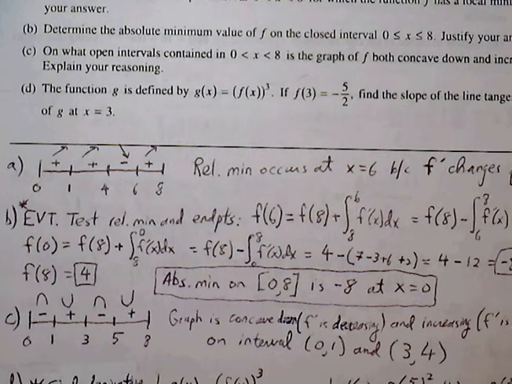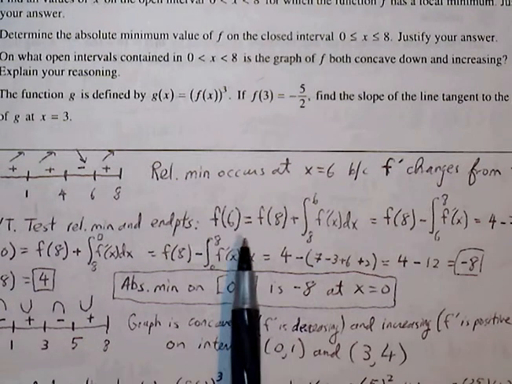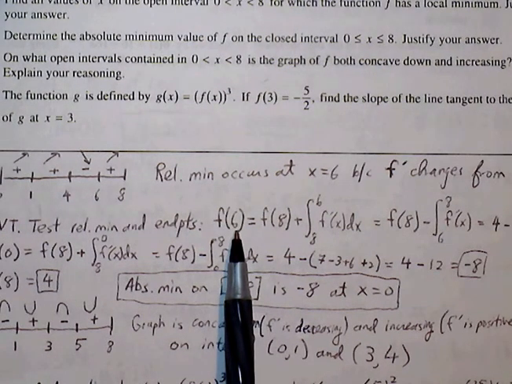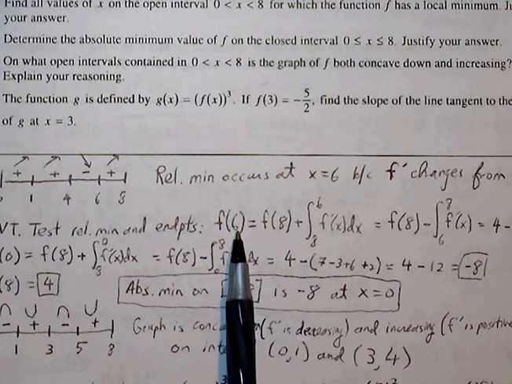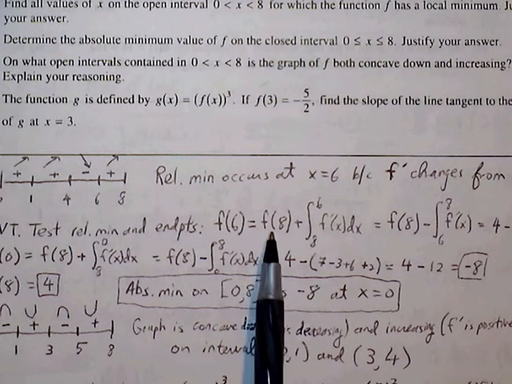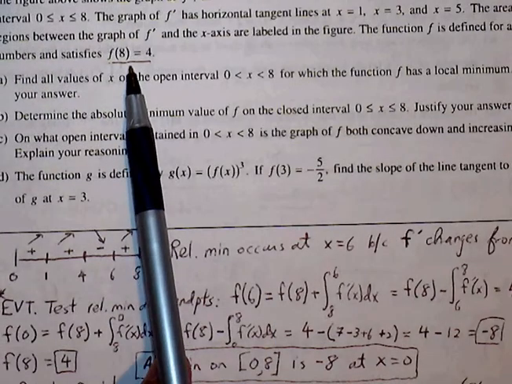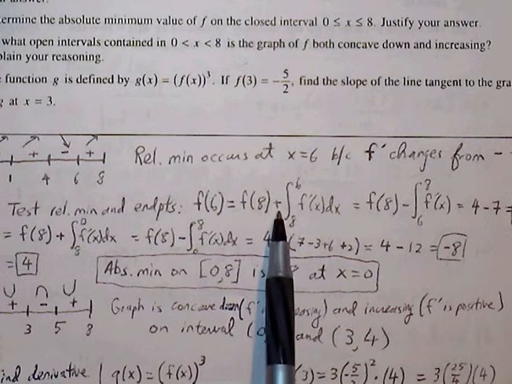Okay. So if I want to test the endpoints, I want to find f of 6, the relative minimum, first. So f of 6, if I want to find the position at 6, I need to have my starting point. And they tell us in the problem that my starting point is f of 8. So if I want to get from f of 8 to f of 6, I have to say plus the definite integral from 8 to 6 of f prime. So I'm going backwards from 8 to 6.